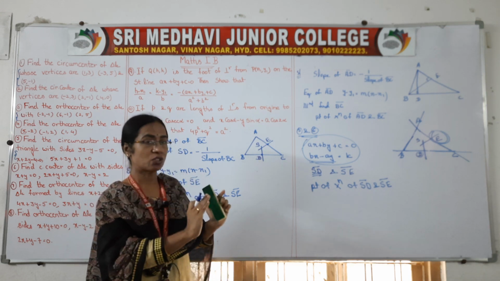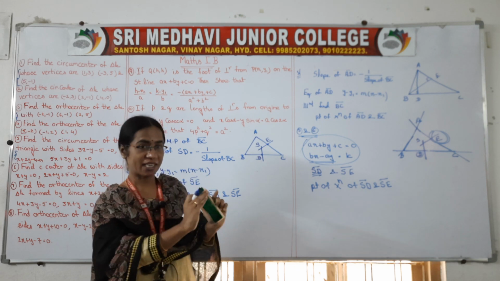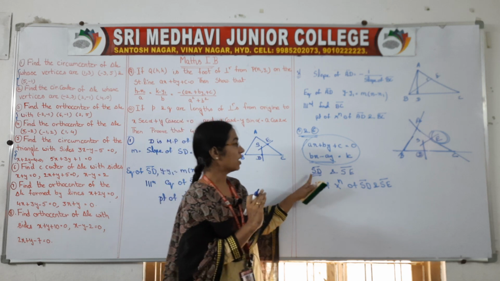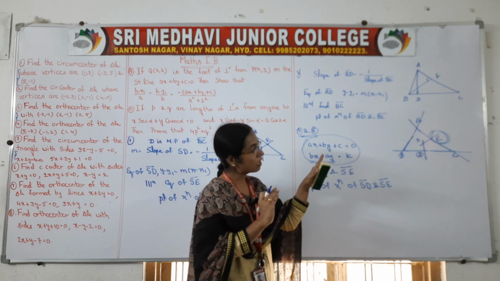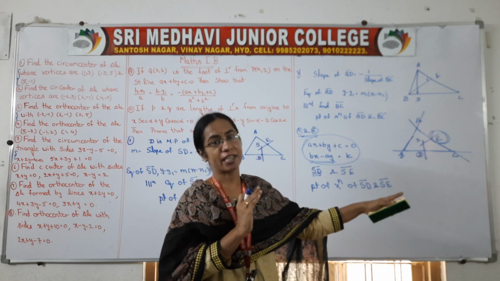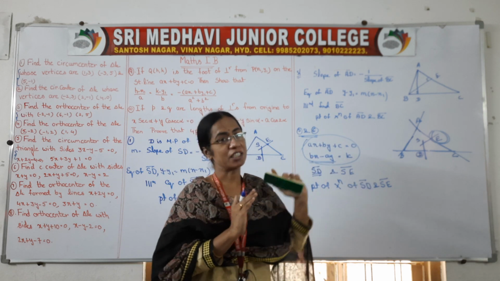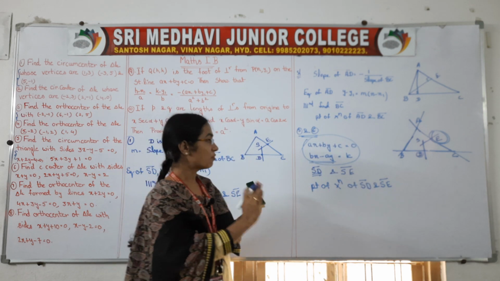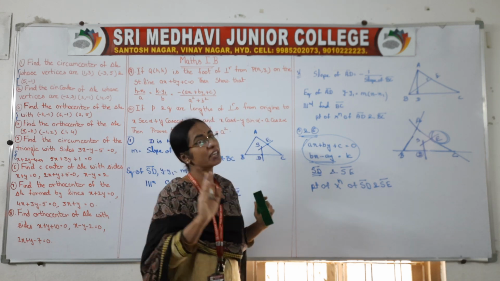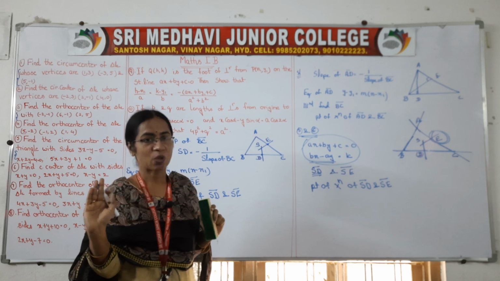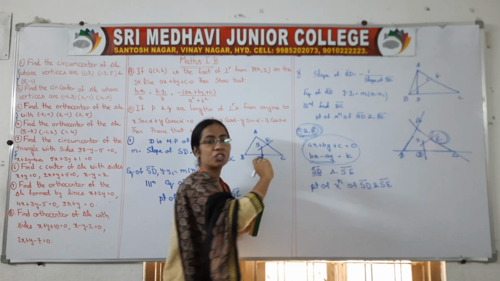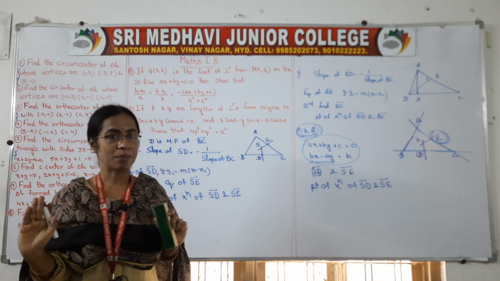It passes through the midpoint D, so you will get your k, substitute, and you will get your SD line. Similarly, you find the SE line. SE is perpendicular to AC. Apply the formula and get your SE. The point of intersection of SD and SE is called your circumcenter. So that is the method and concept for your 5th and 6th questions.